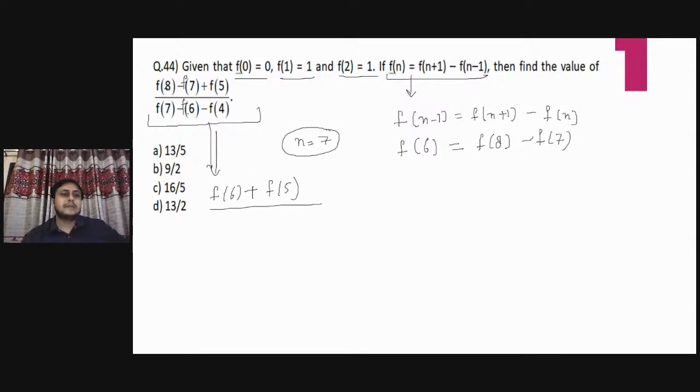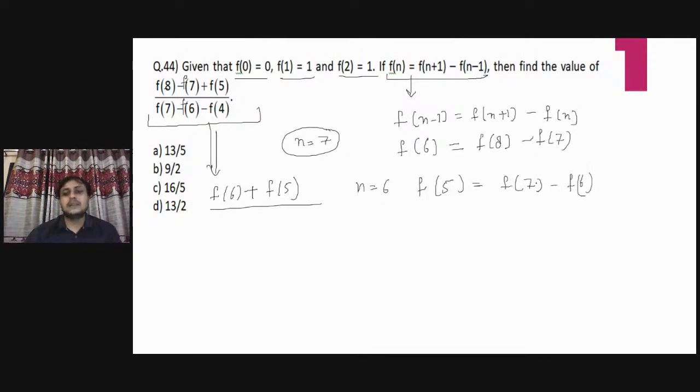Similarly, go for f7 minus f6. So just put n equals to 6 in this relation. What will we get? n minus 1, f of 6 minus 1 is f5, f5 equals 6 plus 1 is f7 minus f6. Got it?